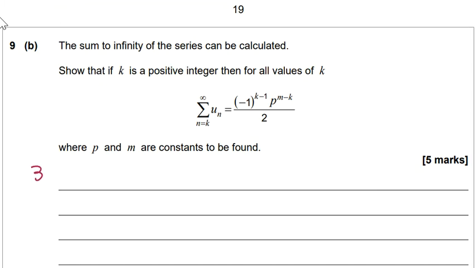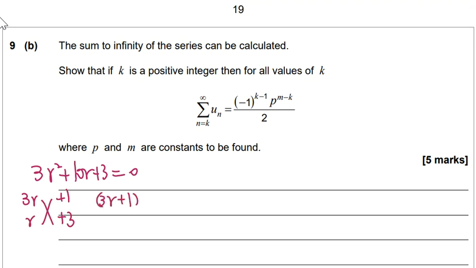Let's see. 3r squared plus 10r plus 3 is equal to 0. So we have 3r plus 1 times r plus 3 is equal to 0. And we've got r1 is equal to negative 1 over 3, and r2 is going to be negative 3.